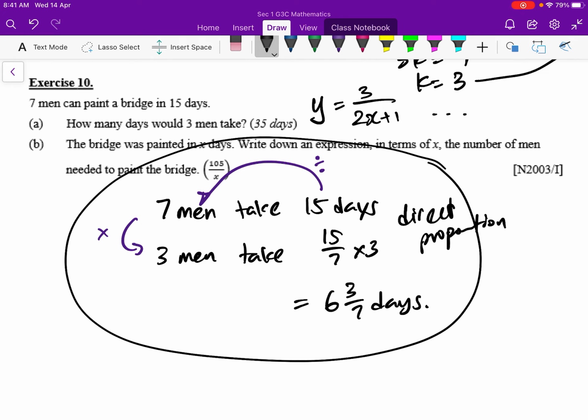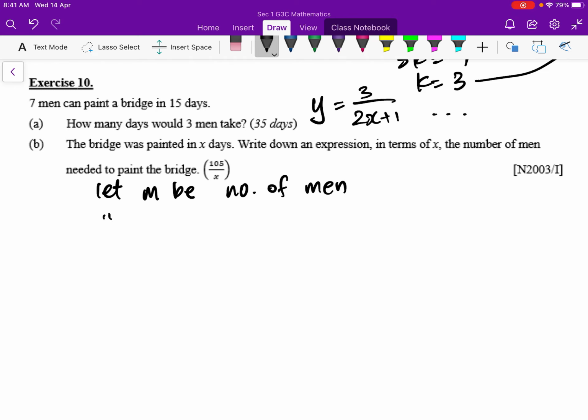Okay, so in order to tackle this, knowing that it is inverse proportion, we can let M be number of men, let D be number of days. Okay, now we define it properly. Then we know that M is equals to K over D. They're inversely proportional.